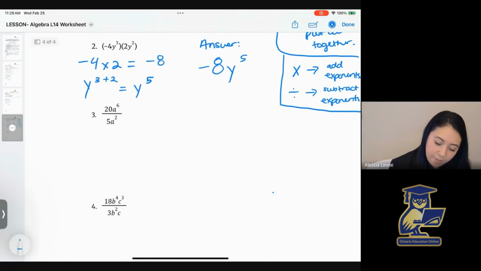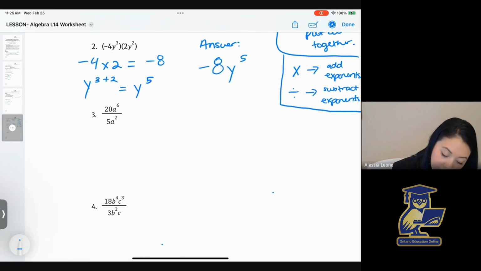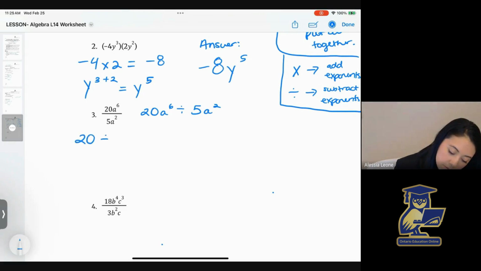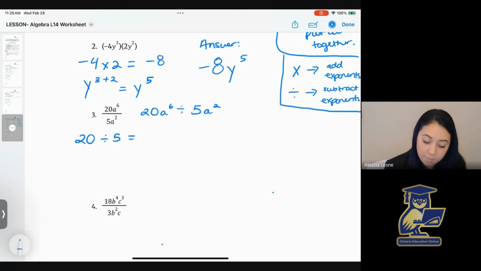Division. Step 1, work with our coefficients. Let's divide. We can rewrite this, just to give us another visual. It's the same question. 20 divided by 5 is 4.